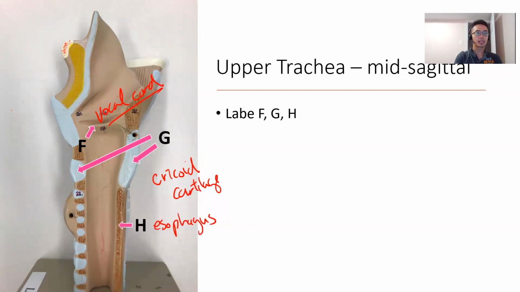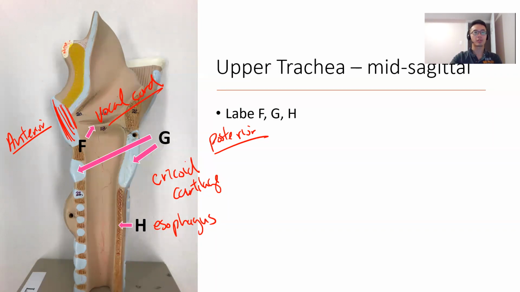Okay. So this is the front, and this is the back. Anterior. This is posterior. Okay, so this here is the thyroid cartilage, and then the cricoid cartilage starts here and then goes all the way to the back. Again, it's hard for me to show you.